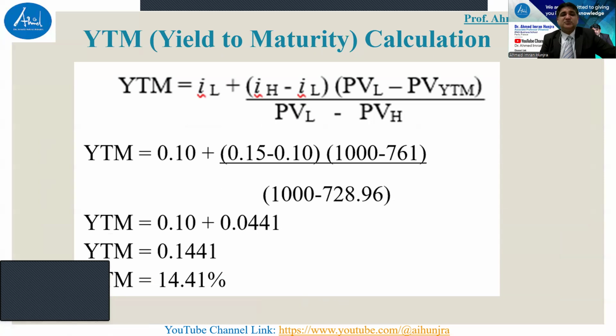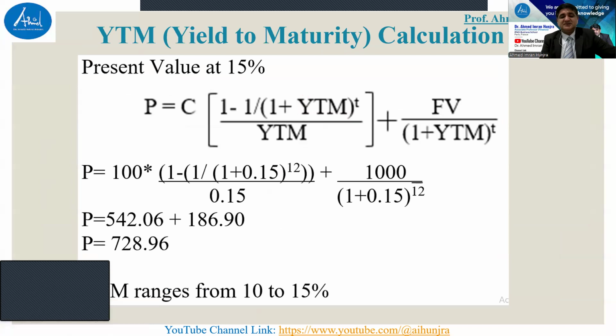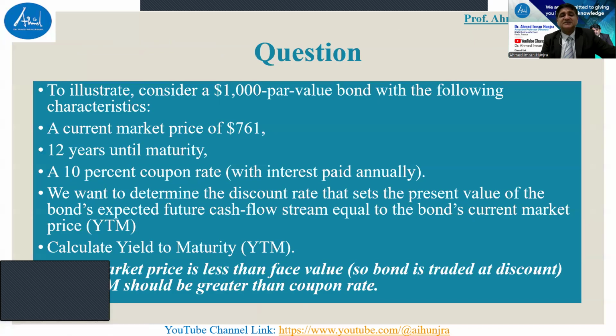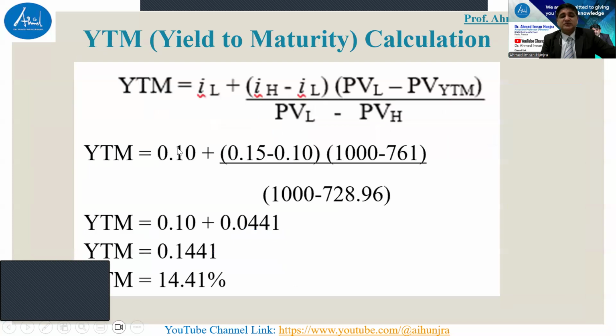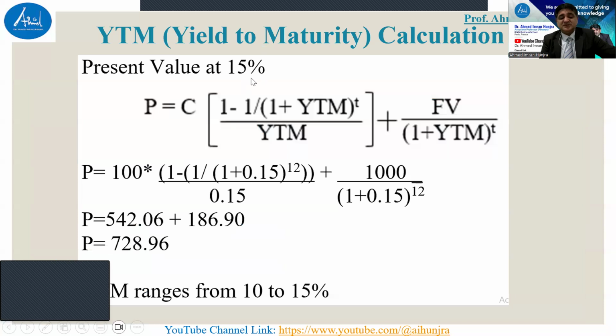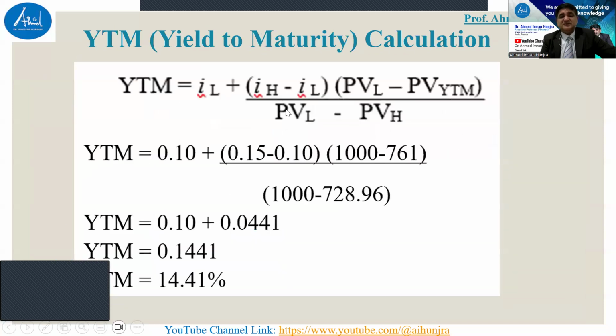Here we can also find it after two calculations, finding the value at coupon rate that will be equal to face value. We can also write I lower, which is 10%, and I high, which we assumed is 15%. So 15% is multiplied by the present value at lower, meaning at 10% the present value was 1000, and the present value at YTM, the rate we need, is 761.